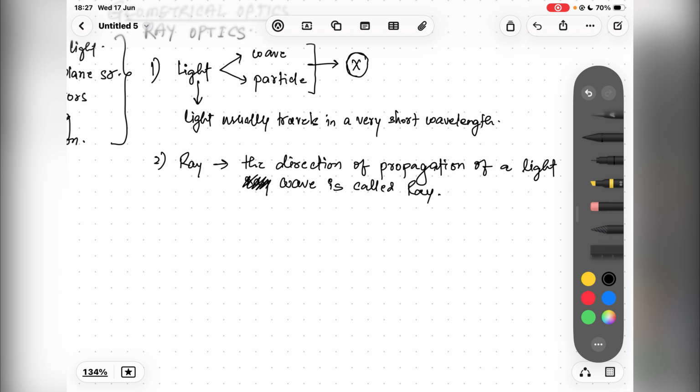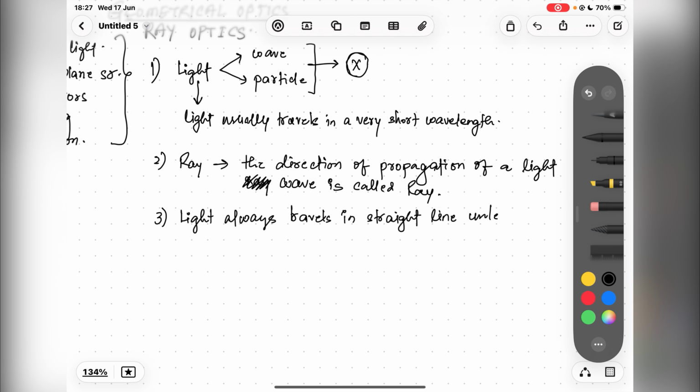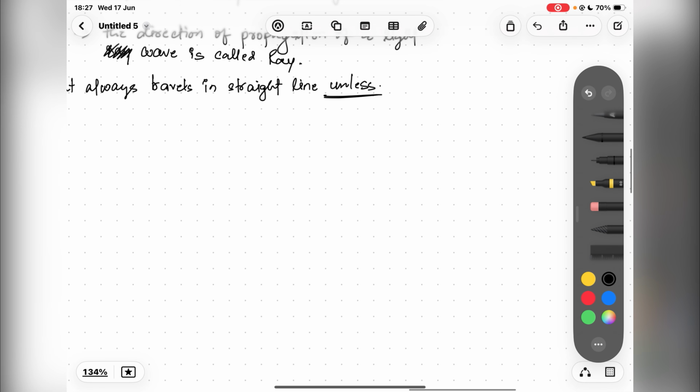Now, third thing is light always travels in a straight line unless there is, suppose, a thin film separating the media.